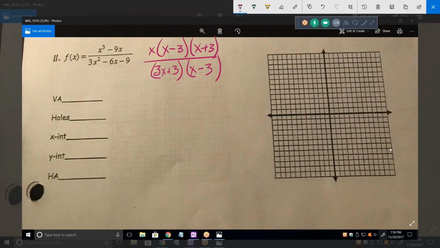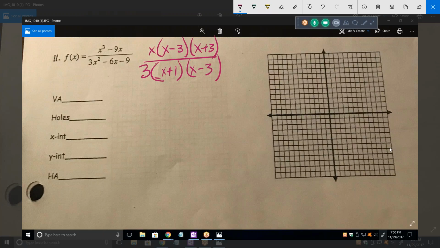Now I can factor 3 out of that, and that's going to turn into x plus 1. But I see an x minus 3 that'll cancel with an x minus 3.